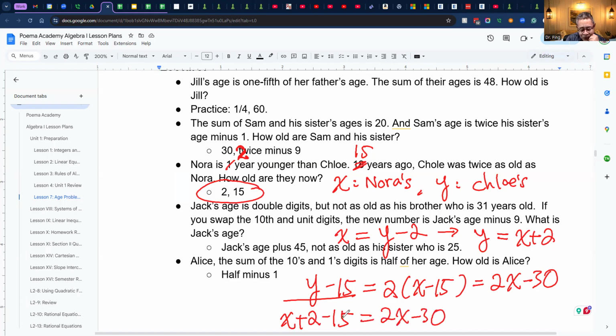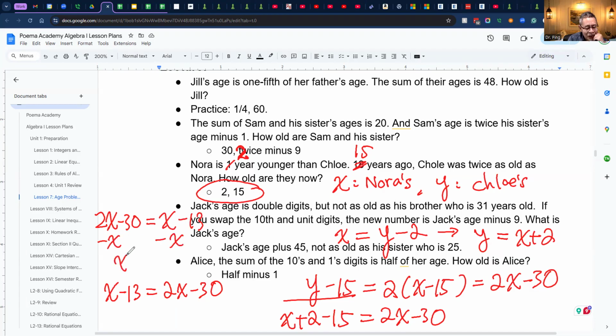Well, x plus 2 minus 15 is x minus 13, equals 2x minus 30. Same thing, we can flip it, and 2x minus 30 equals x minus 13. Then we minus x on both sides. Then we got x minus 30 equals negative 13.